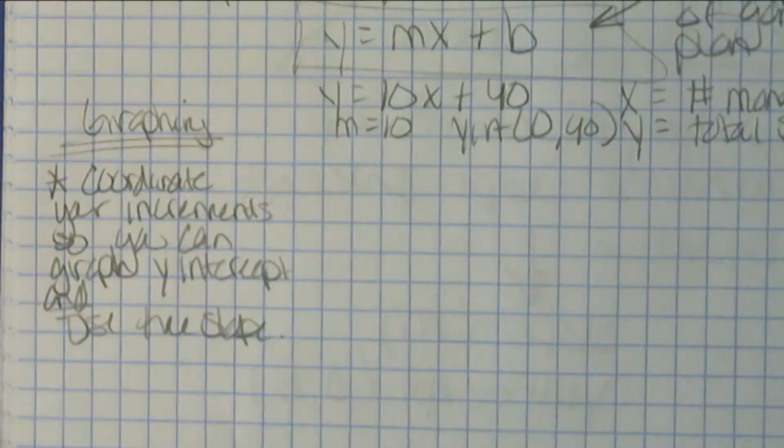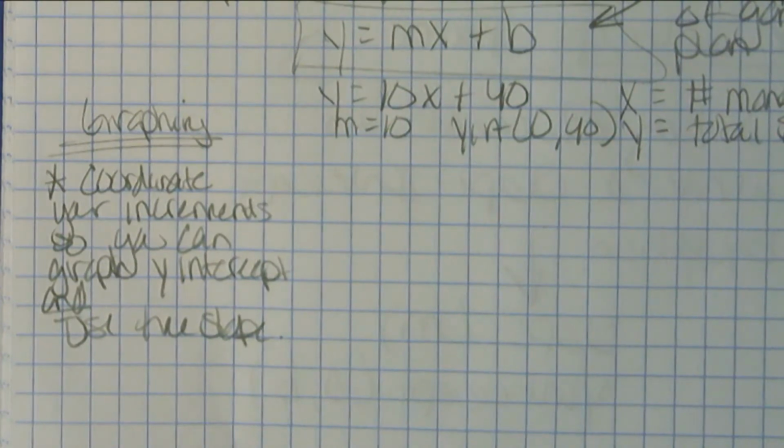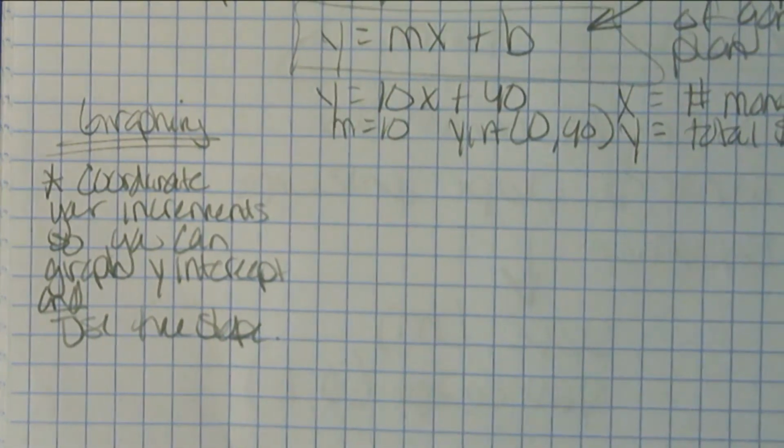You've got to be really careful when you're choosing here. The nice thing about our equation is that our slope is 10, our y-intercept is 40. 10 is a factor of 40. So that makes things a lot easier.